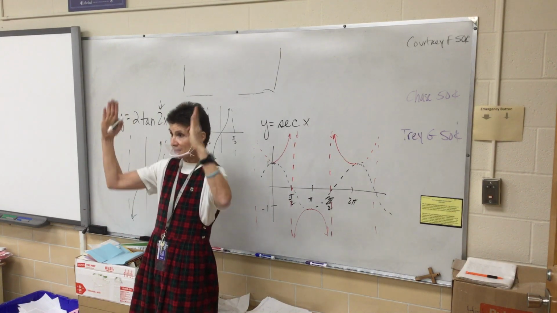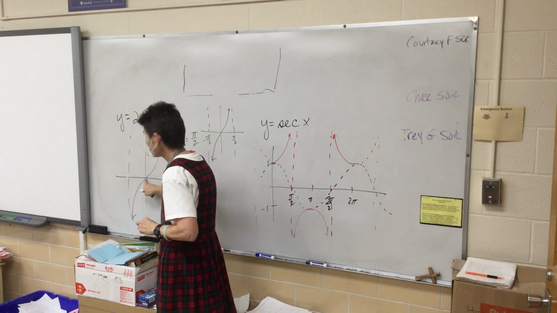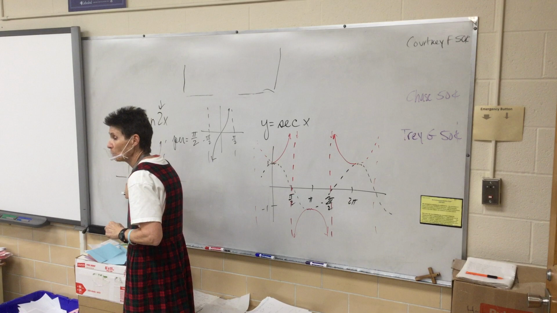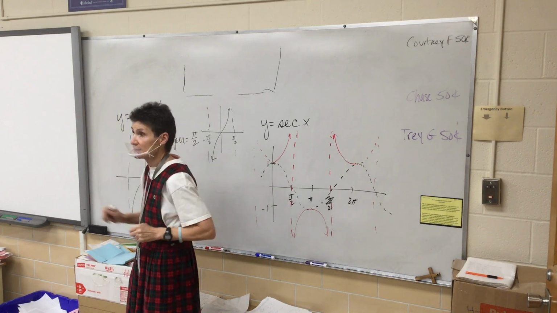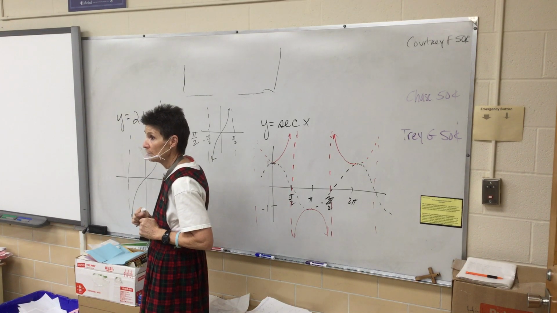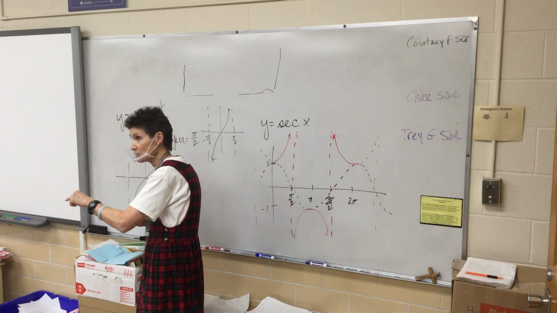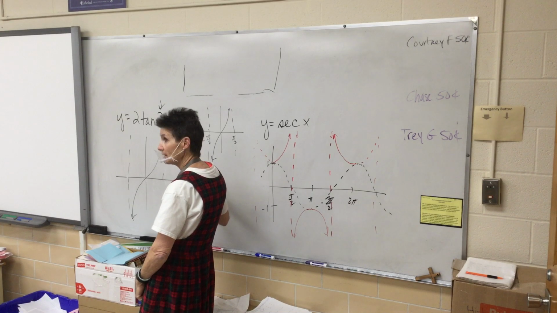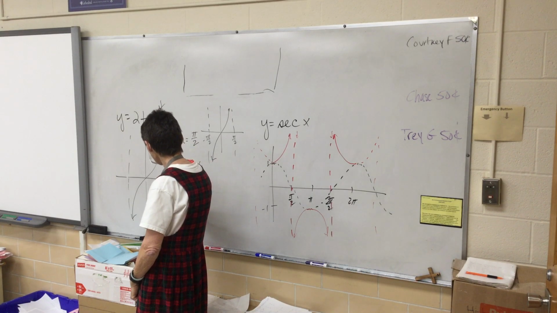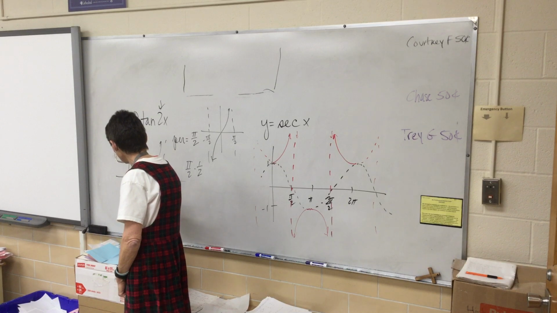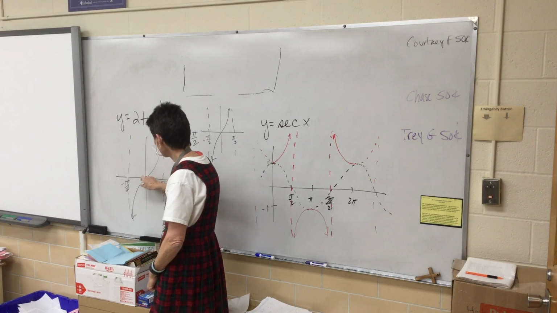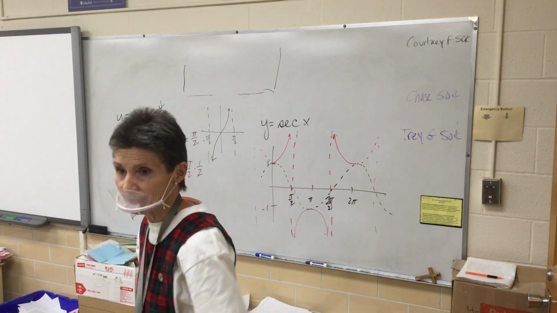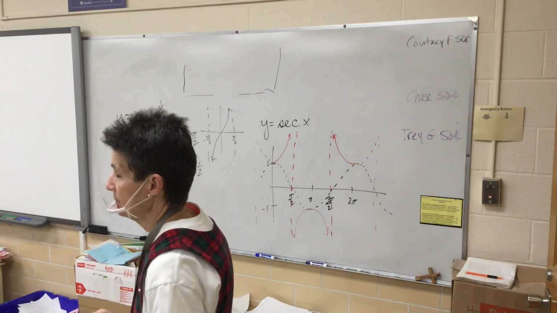It means the distance is pi over 2. So if that's right in the middle, then I'm going to have to go forward and backward how much to get a total distance of pi over 2? Half of pi over 2, which is pi over 4, right? So this is pi over 4, and this is negative pi over 4. I started at the origin and went forward half the period and backward half the period to get the whole period.